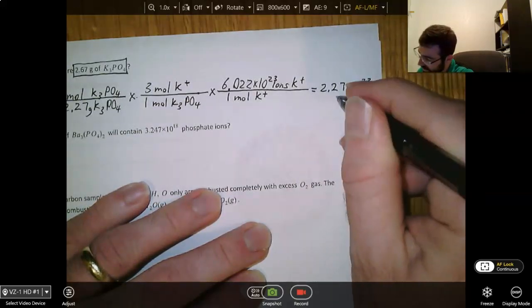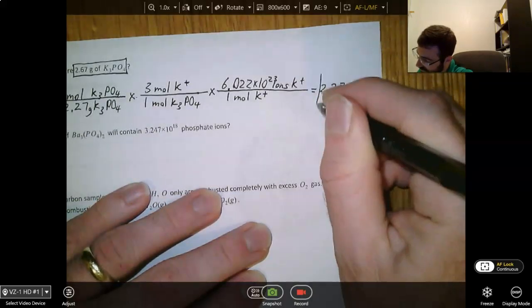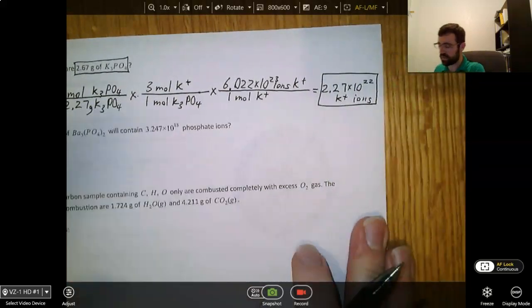And my units are K plus ions. I believe we've solved our problem there, haven't we?